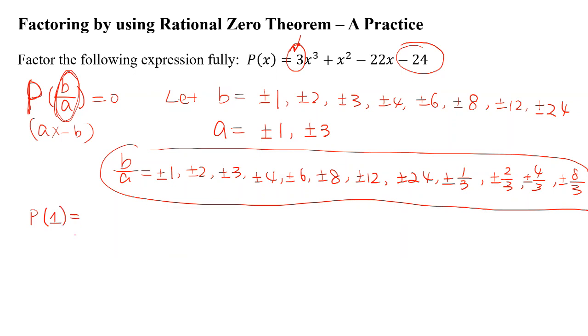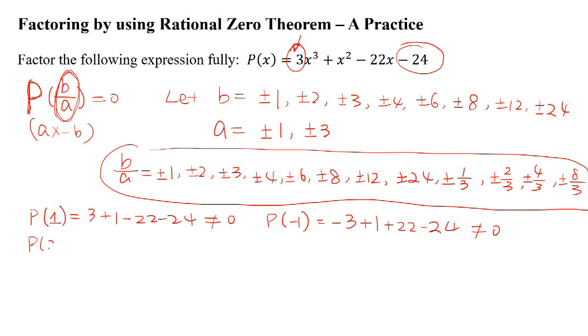So usually we'll start with the simplest number, P(1). So P(1) is 3 plus 1 minus 22 minus 24. This is not 0, right? So next, let's check minus 1. P(minus 1) is minus 3 plus 1 plus 22 minus 24, which is not 0, right?